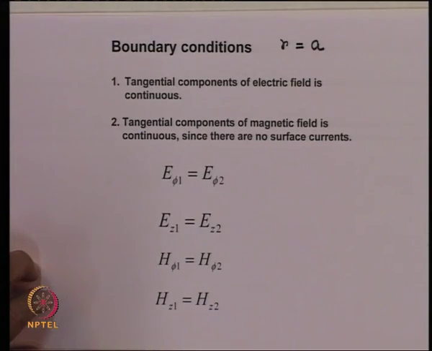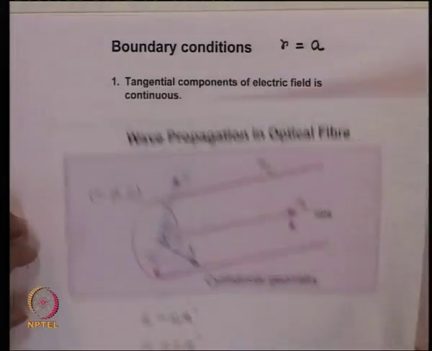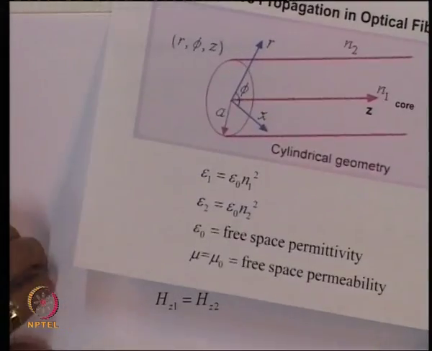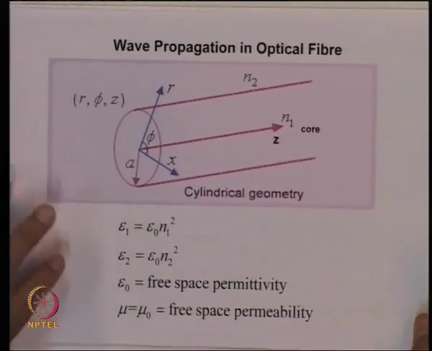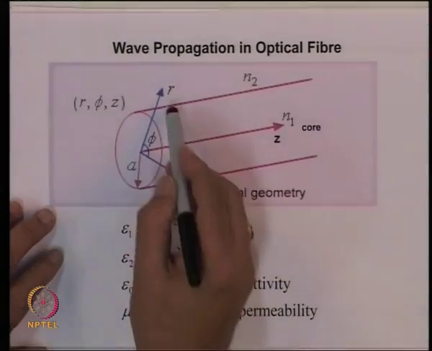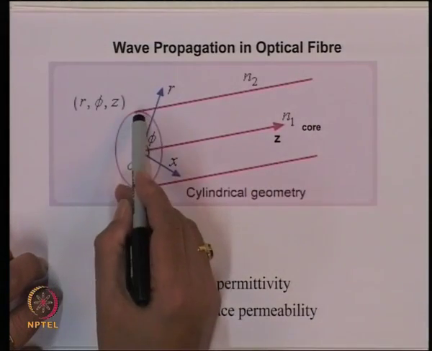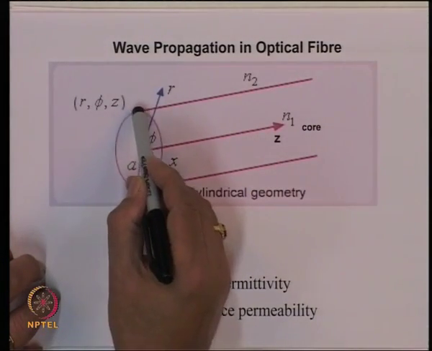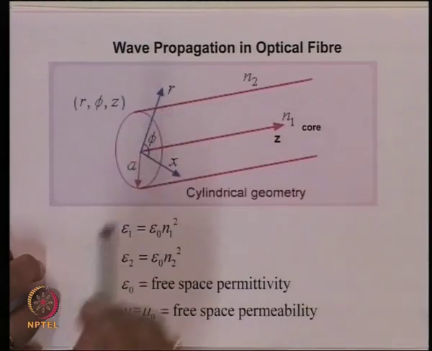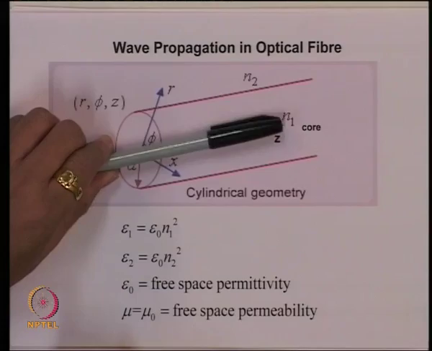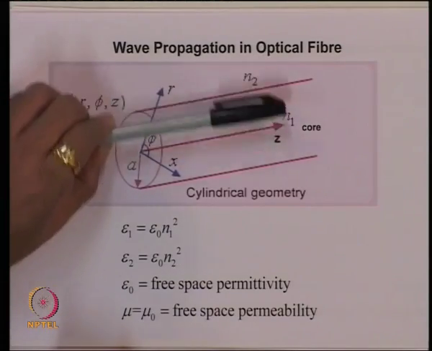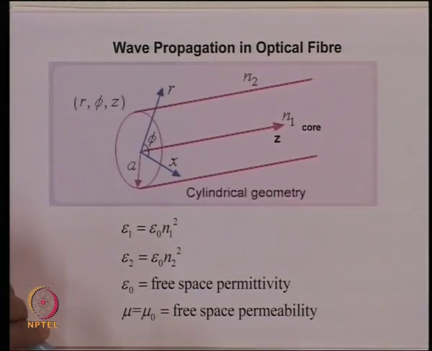So now if I go to my geometry here, the cylindrical geometry, you will see that 2 components are tangential to this interface. Here, the interface essentially is defined by this cylindrical surface. So any field which is along the z direction is tangential to this cylindrical surface.